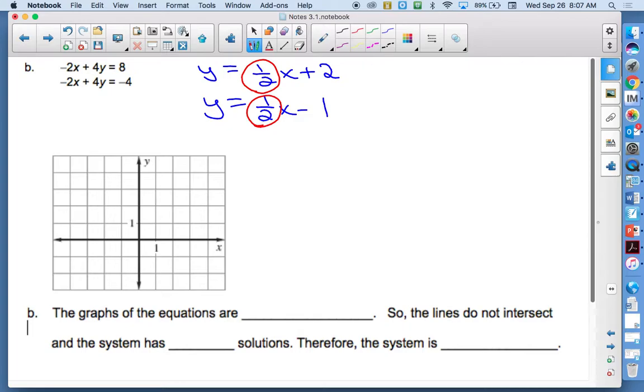So the first one starts up at 2. The second one starts down at -1. So the graphs of these equations are parallel. So same slope, different y-intercepts means we have parallel lines.